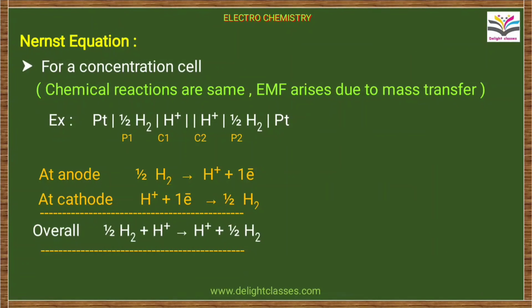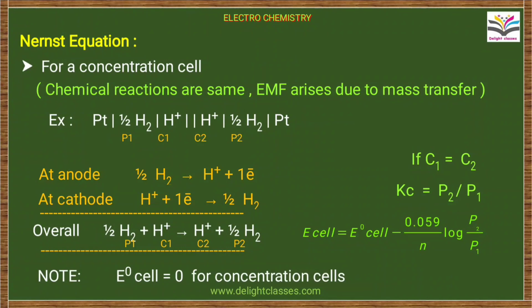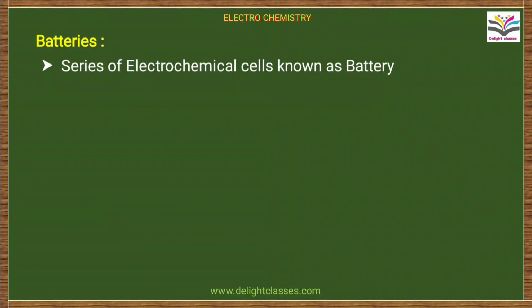Overall reaction: H2 plus H+ gives H+ plus half H2. If C1 is equal to C2, Kc is equal to P2 by P1. E cell is equal to E naught cell minus 0.059 by n log P2 by P1. Note, E naught cell is equal to 0 for concentration cells.